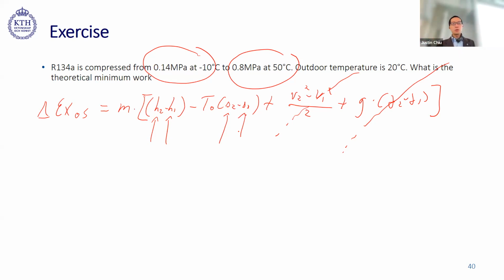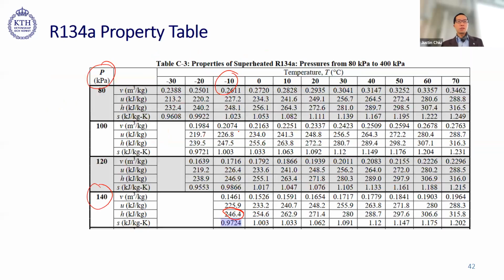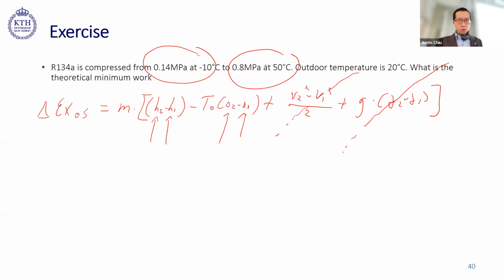So I'm going to show you a table where you have the enthalpy for R134A at different pressure and temperature. So this is a property. All these are documented. You can get those from existing data sheets. At different pressure and different temperature, you get to know. So why is it 140?